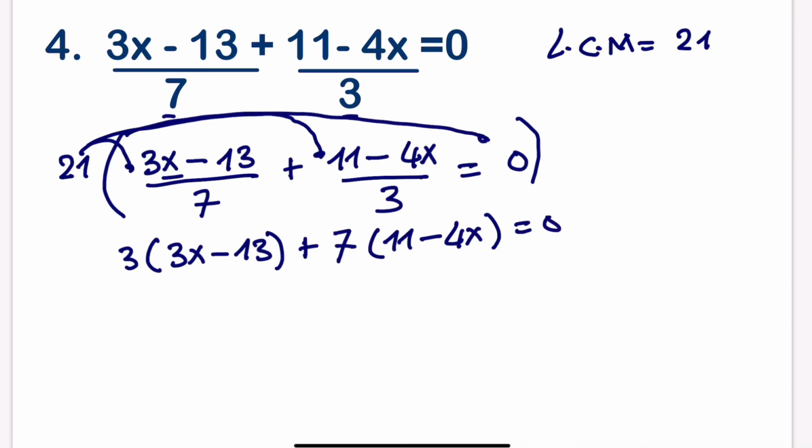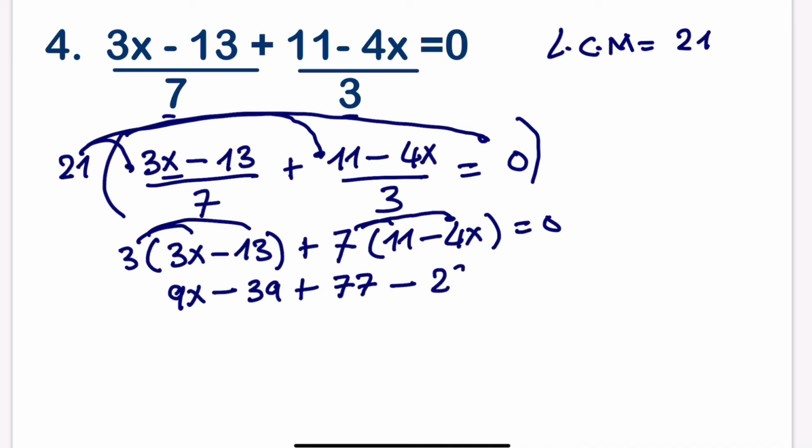So now we can open the bracket. This will give us 9x minus 39, plus 77 minus 28x, should be equal to 0.